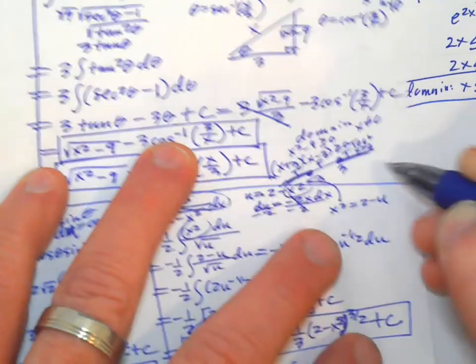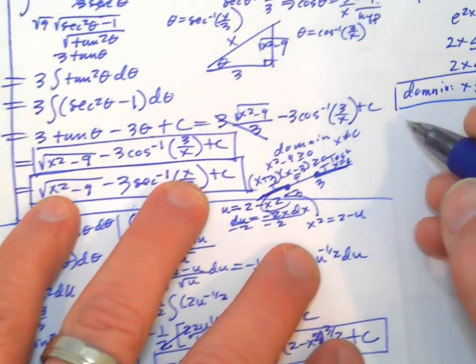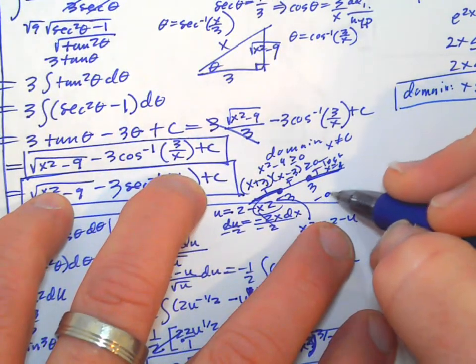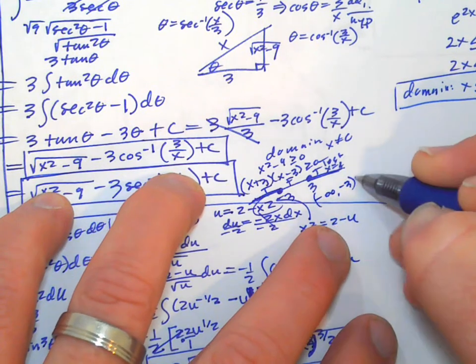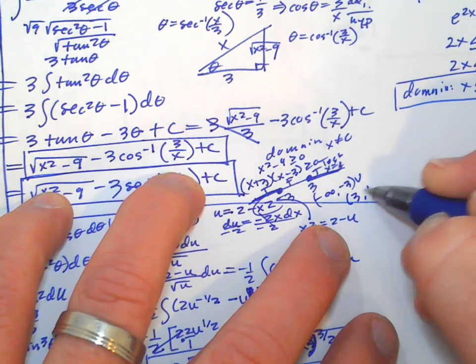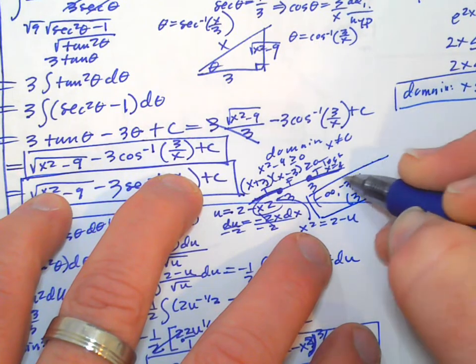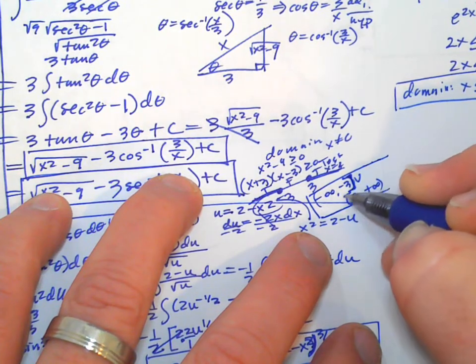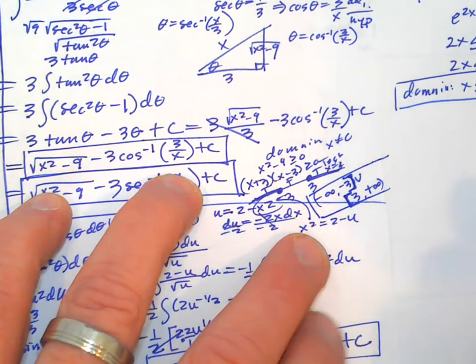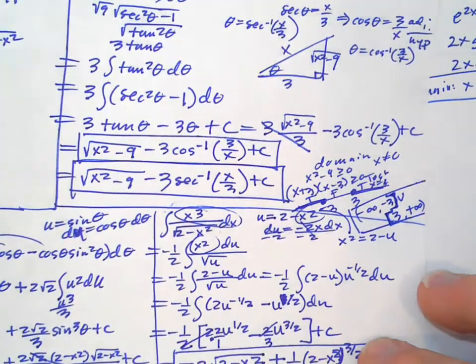So the domain, this is number 7, is -∞ to -3, union 3 to +∞, with brackets, since we can use those values. So that was problem 7.